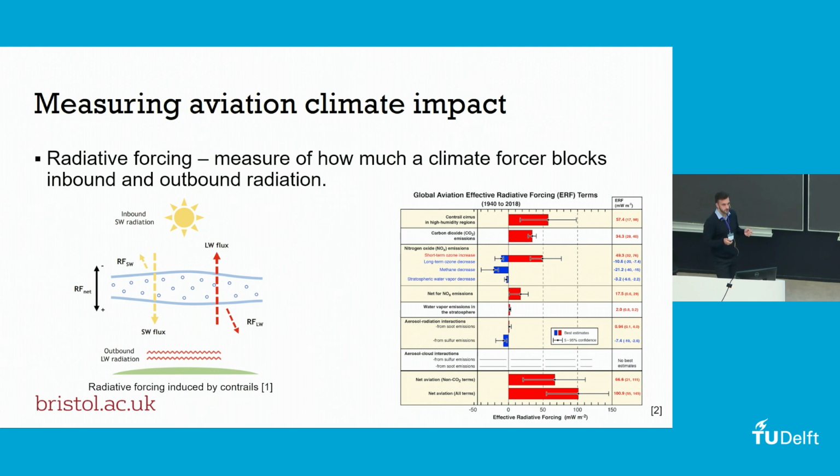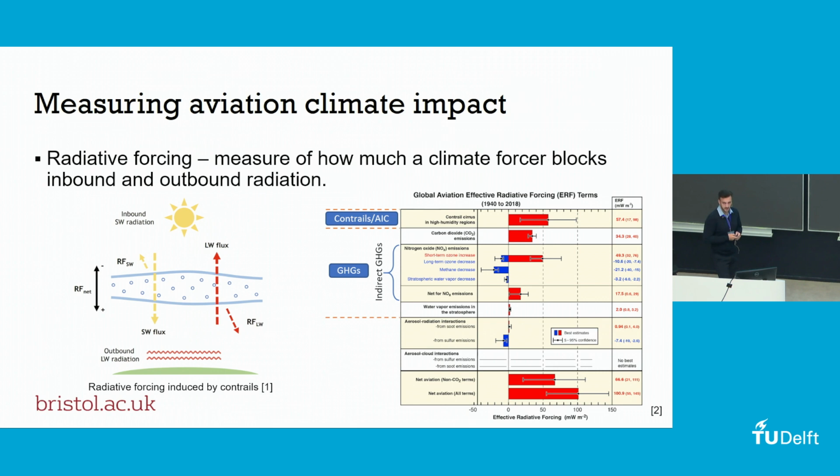So if you've ever been to a talk on aviation and climate change before, there's a very good chance you've seen this figure. But for those of you who haven't seen it, this is just the contributions in terms of their radiative forcing. So contrails actually come out on top of any other type of emission from aircraft. So even compared to CO2, it's almost double the impact.